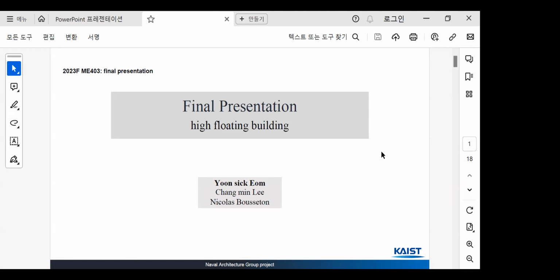Maybe the mooring line is more difficult for our sea condition, because our target is over 100 meters depth of sea level, and the chain of the mooring line is very long. So in this case, the mooring line property or length can be considered.